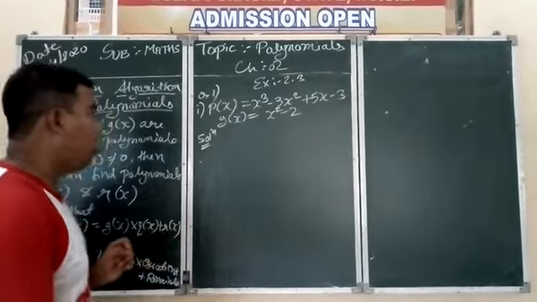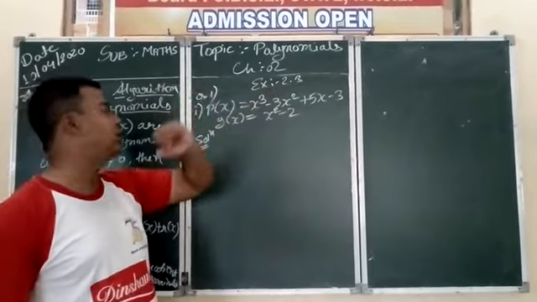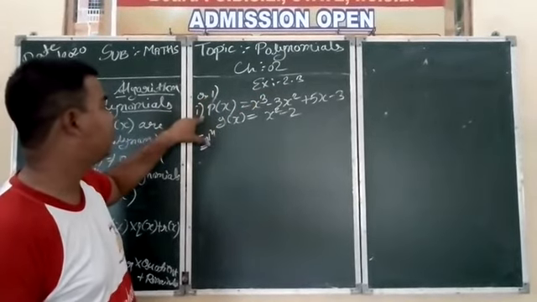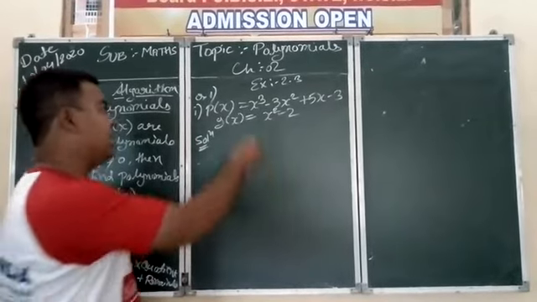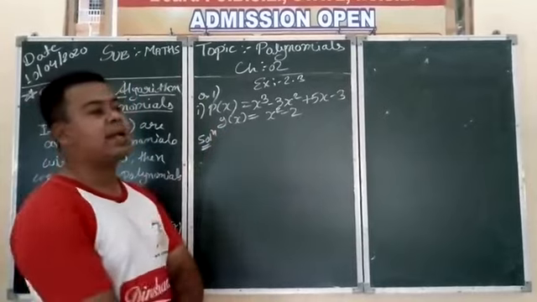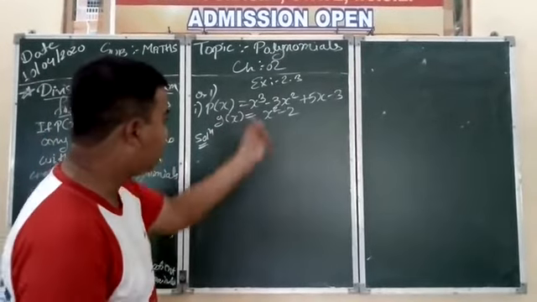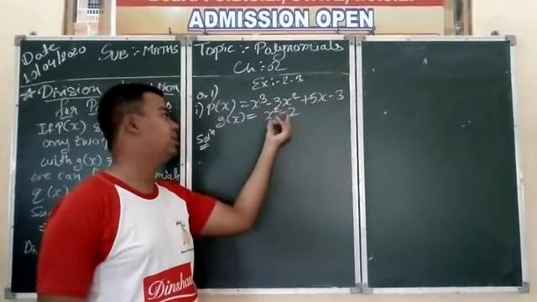So here we start exercise 2.3, first question. The polynomial p of x is given as x cube minus 3x square plus 5x minus 3 and g of x is x square minus 2. So we divide this polynomial by this polynomial.